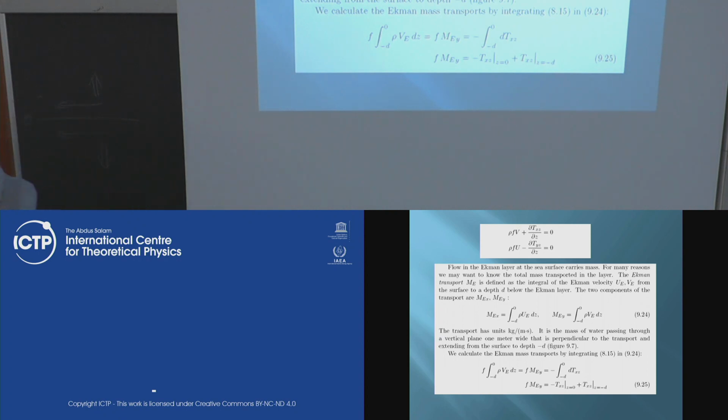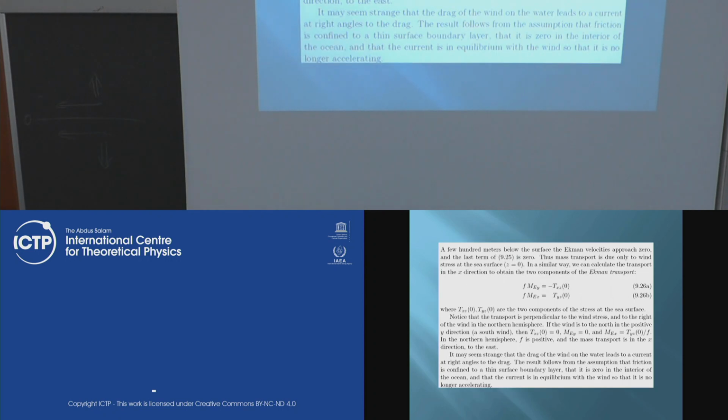So if you imagine a surface which is 1 meter wide and goes down to the bottom of the Ekman layer, whatever passes through the surface is the Ekman transport. We calculate this Ekman transport by integrating the equations from before.